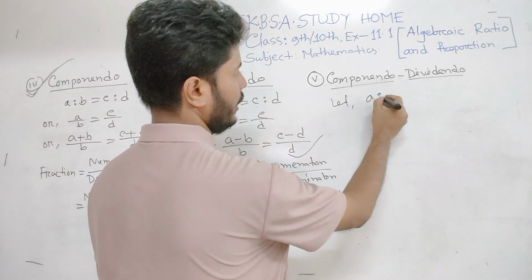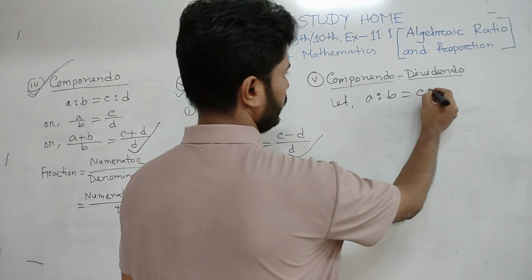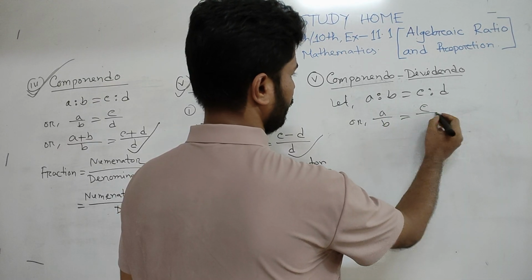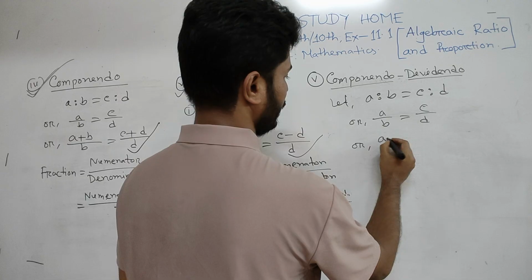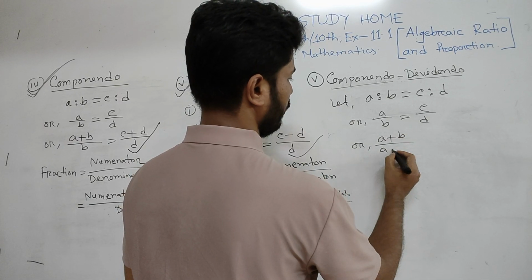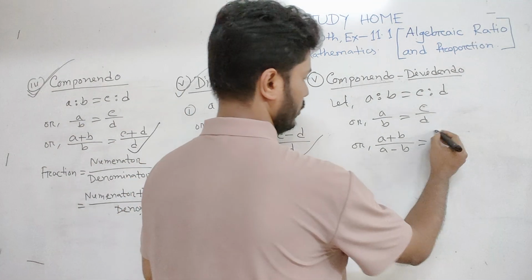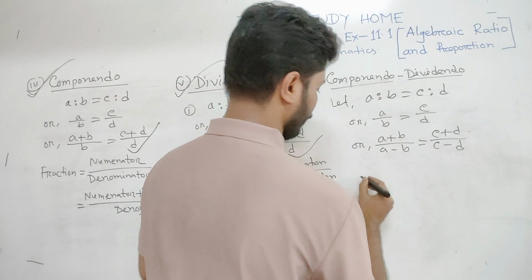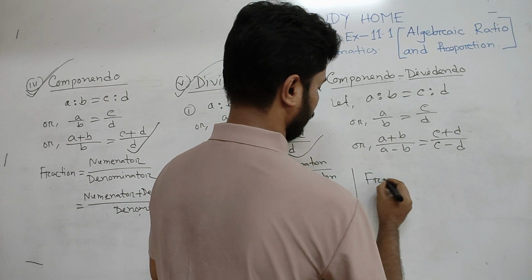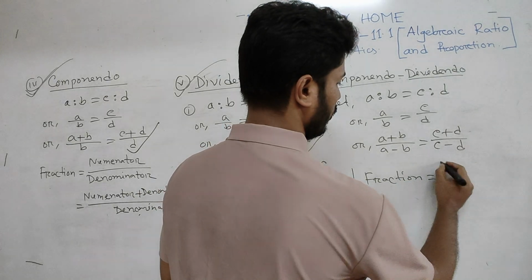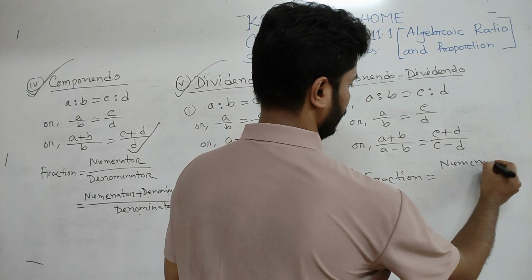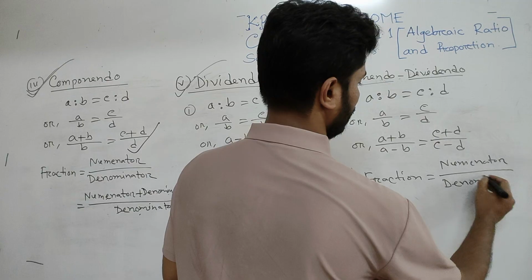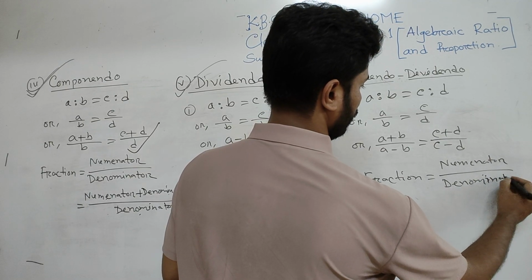Let A colon B is equal to C colon D, or we can write A by B is equal to C by D. We can write A plus B divided by A minus B is equal to C plus D divided by C minus D. Okay, fraction, numerator, denominator.